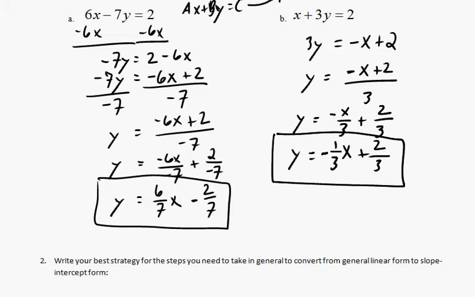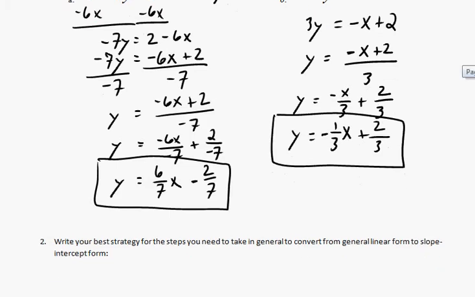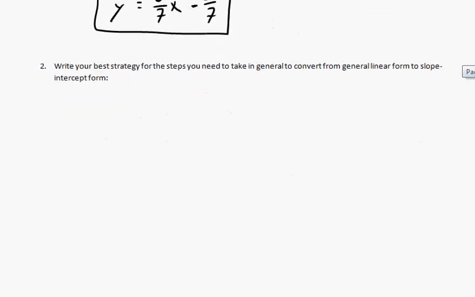So, number 2, write your best strategy for the steps you need to take in general to convert from general linear form to slope-intercept form. So again, general linear form looks like ax plus by equals c, and we want to write that in slope-intercept form, y equals mx plus b.